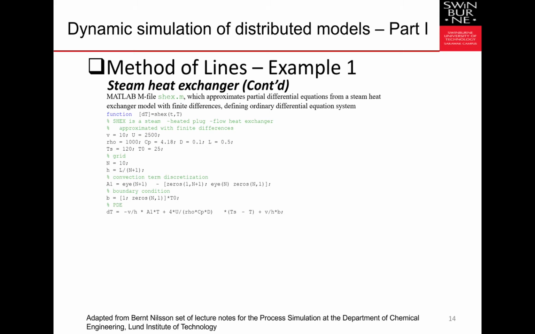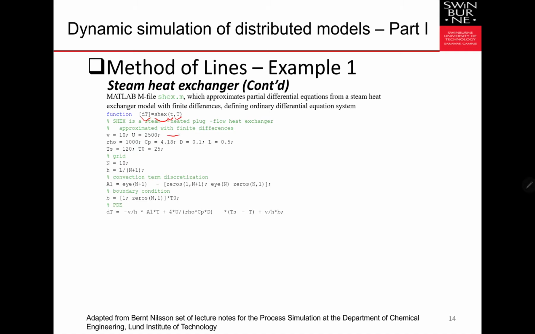This MATLAB code, which we call SHEX, takes time and temperature as input, and it gives an output of a vector consisting of the values of the ordinary differential equations, in particular the right hand side of the equations.